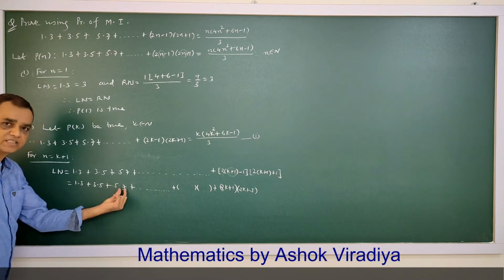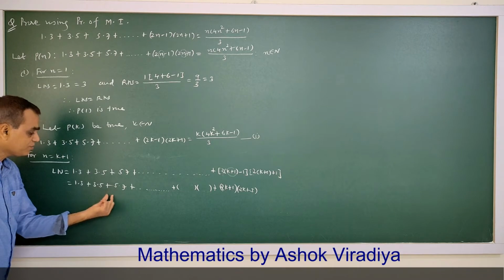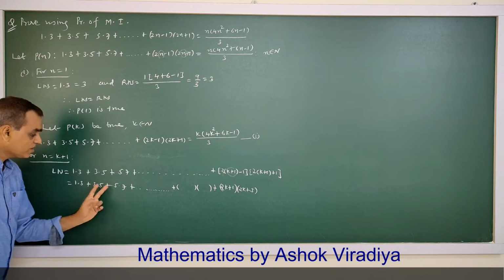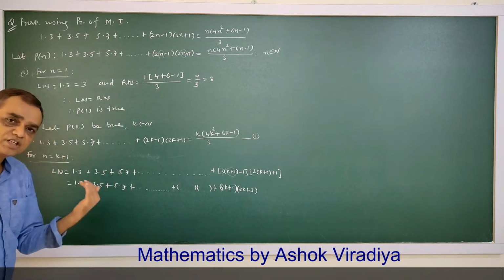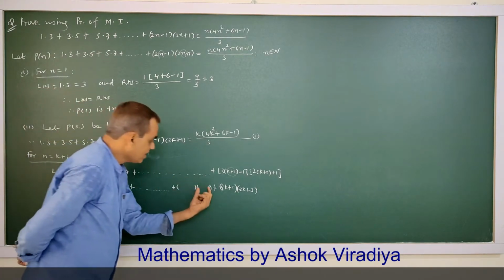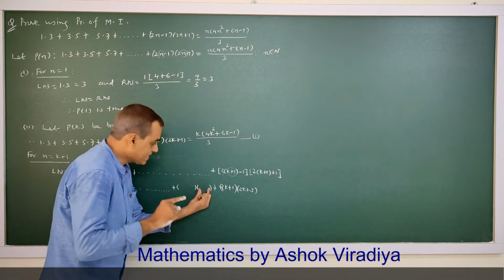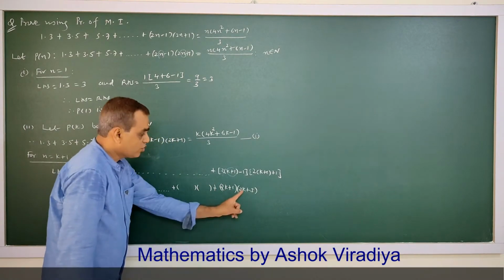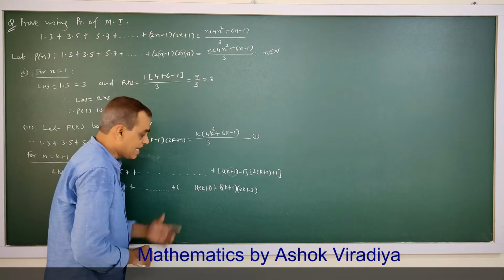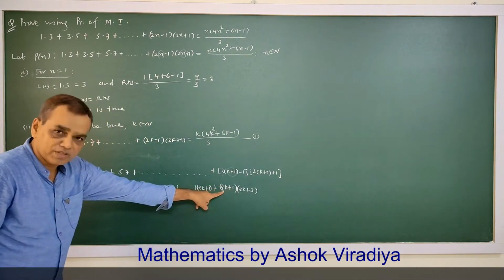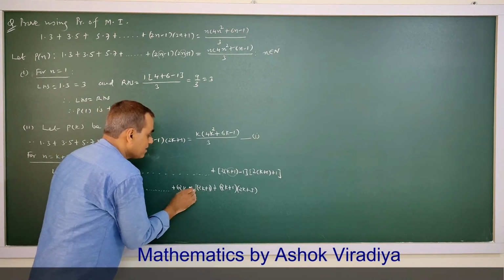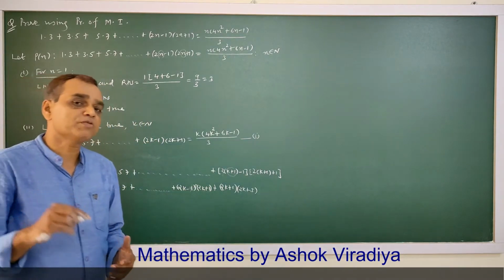In the first place also, 5, 3, 1: in both places there is a difference of 2 units. Every time 2 units are decreasing. So here this value will be 2 less than this number. Subtracting 2 from this number, this will be 2k plus 1. And similarly, subtracting 2 from this number, this will be 2k minus 1. And so the second last term we always put by observation.